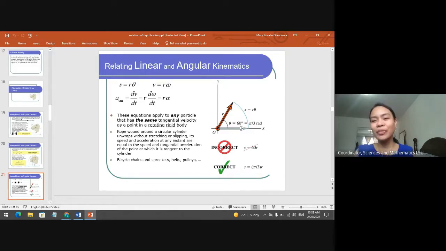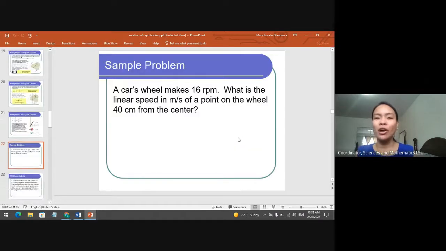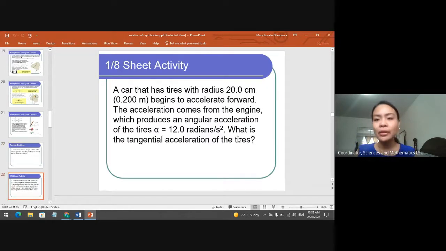Here in this case, we have 60 degrees. How are we going to convert that into radians? 60 times pi over 180, and you get pi over 3 rad. That's just it. So practice that, but I know you have that in your trigonometry. We have this in your module, so kindly answer this one.